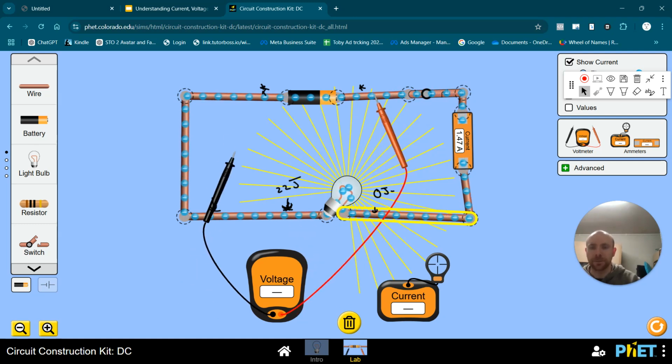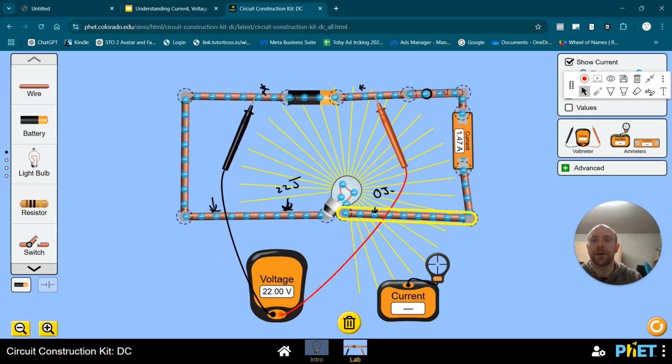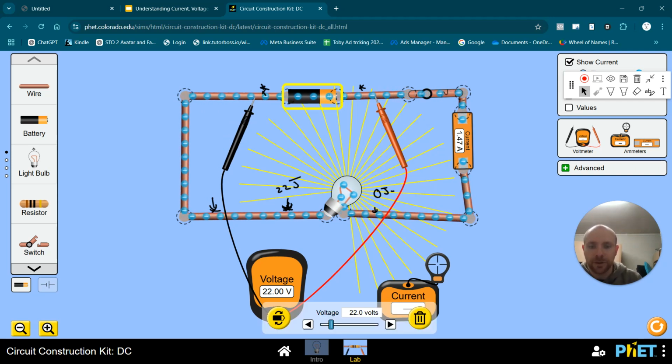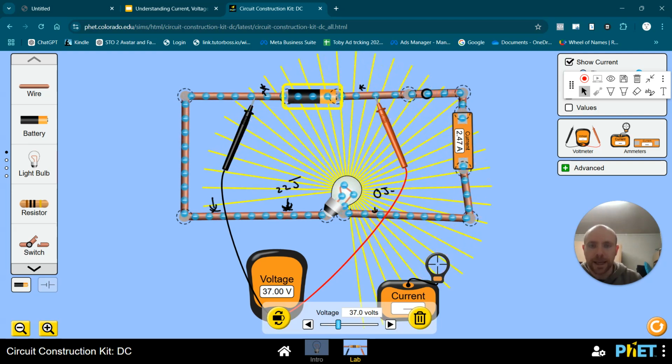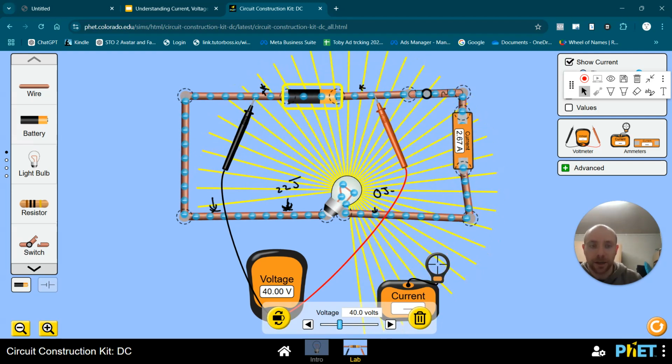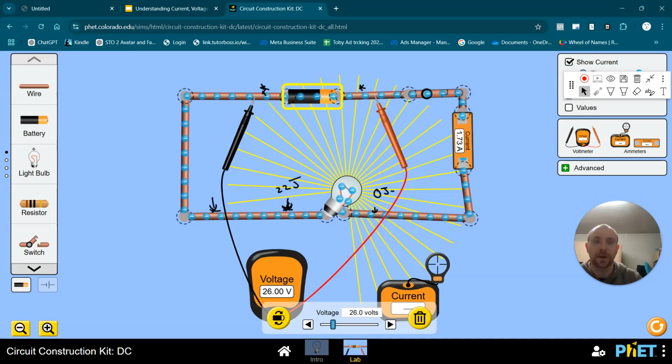I'm going to put it back across the battery for a second. And if I increase the voltage of my battery, I can see that my lamp is getting brighter. My current is getting greater because I'm pushing. Another way of thinking about voltage is the push through. I'm pushing those coulombs through a bit more forcefully, but I'm also providing more energy to each of these coulombs.